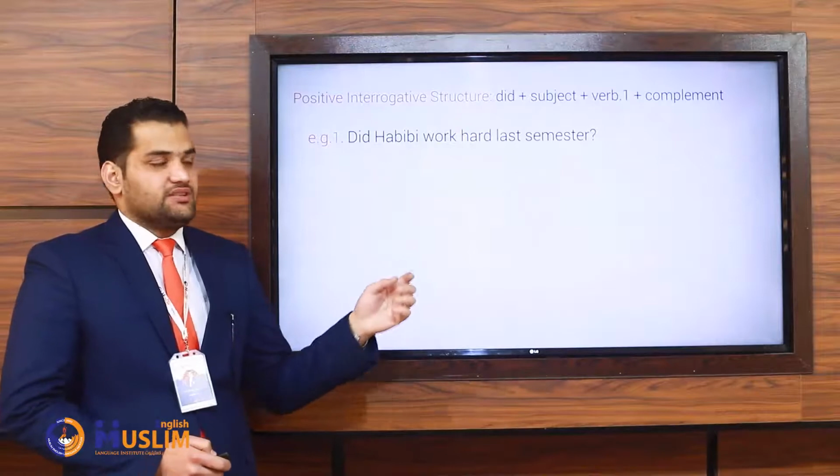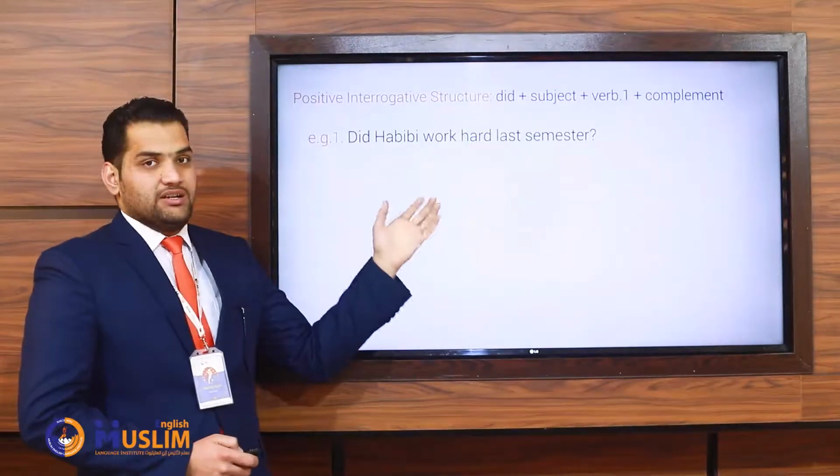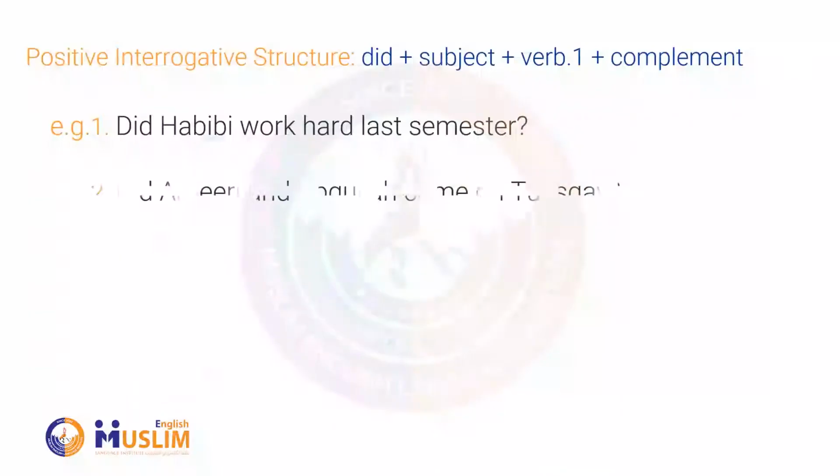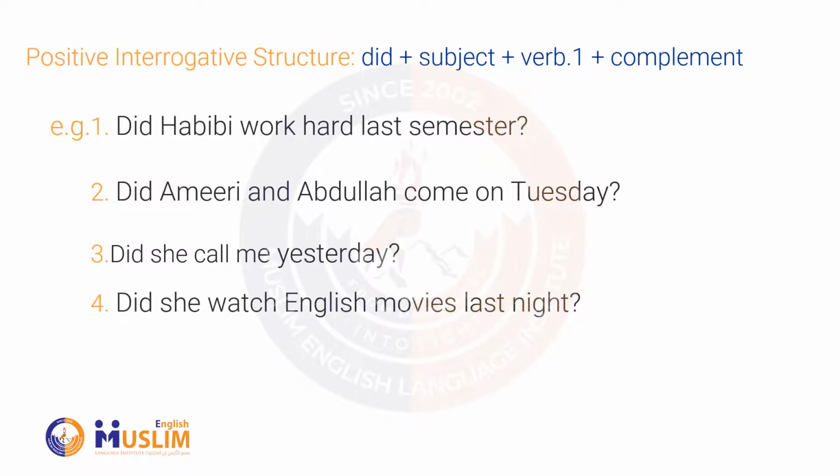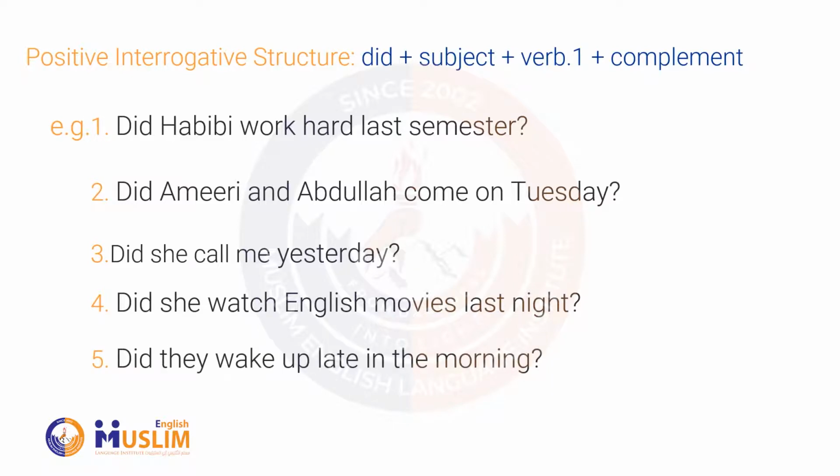And once again, I have to tell you, you shouldn't say did Habibi worked hard. That's wrong. Did Amiri and Abdullah come on Tuesday? Did she call me yesterday? Did she watch English movies last night? And did they wake up late in the morning?